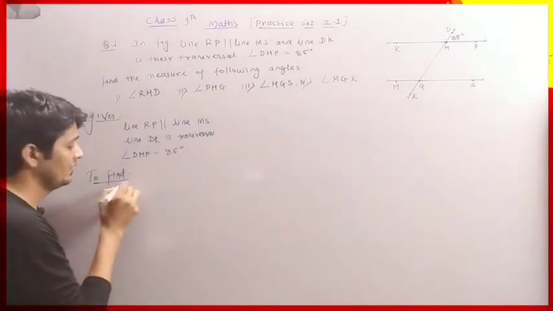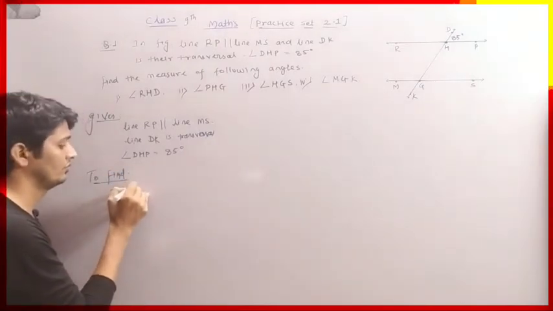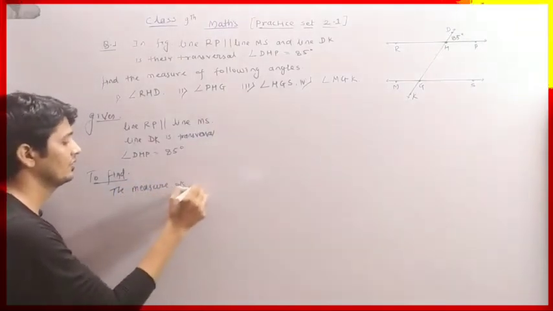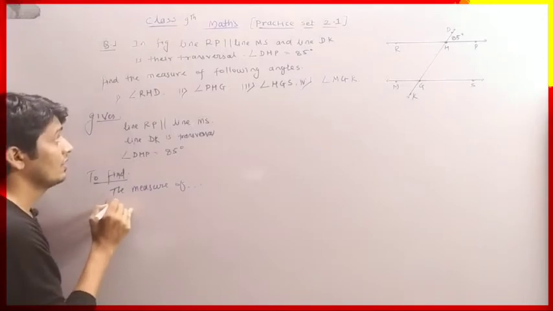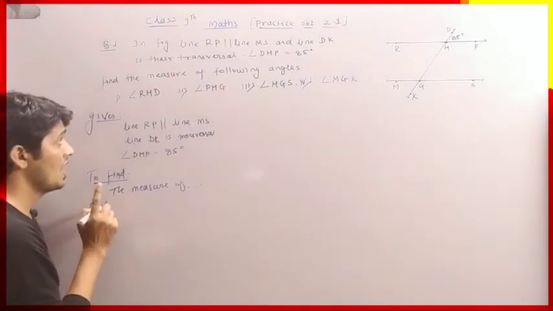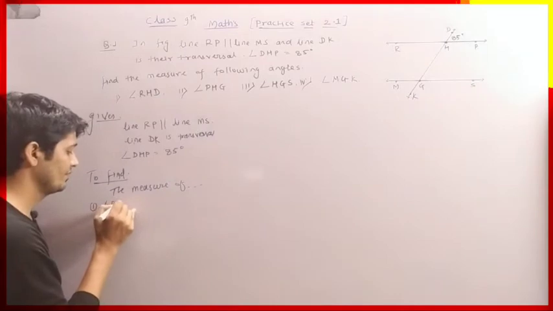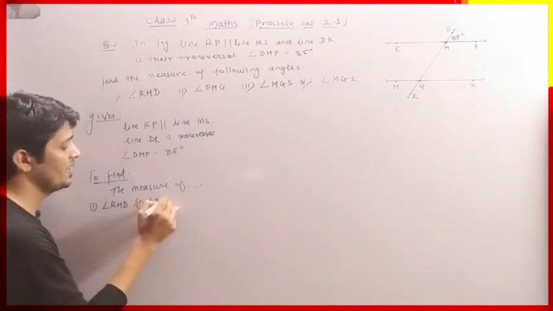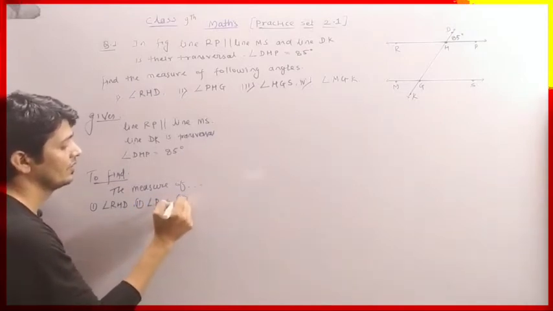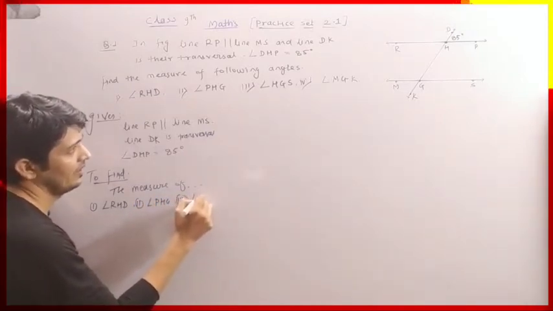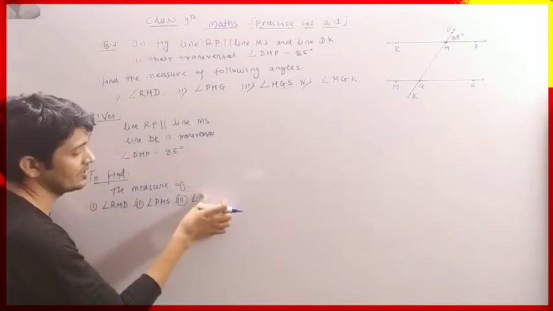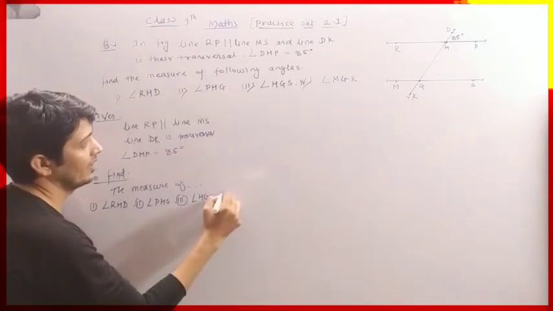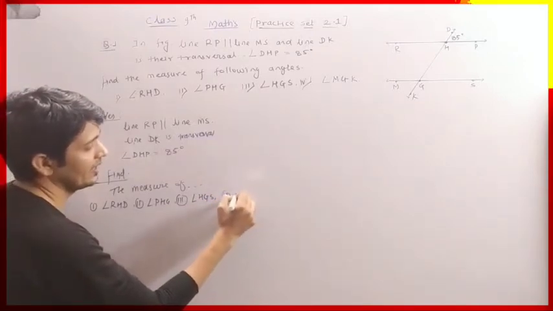Okay, now to find, we have to write: to find. What we have to find? The measure of angle first RHD, second angle PHG, third angle HGS, and fourth angle MGK.